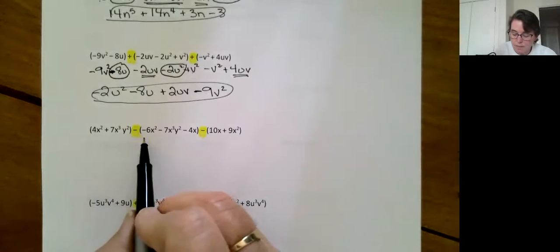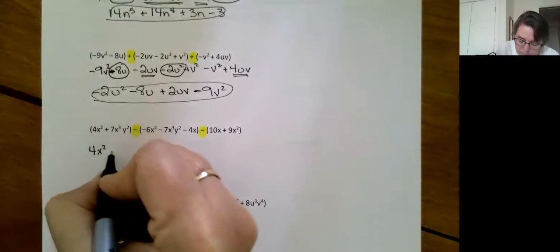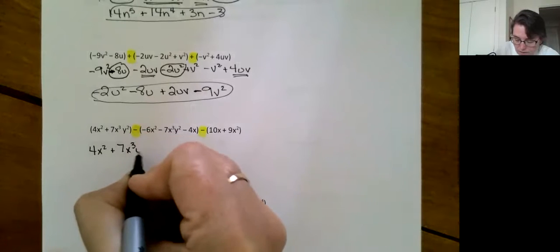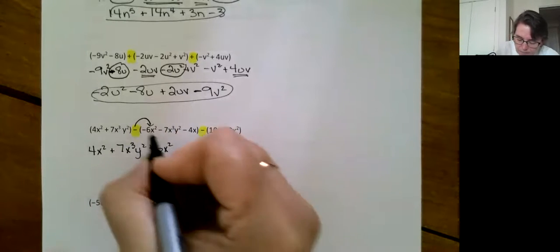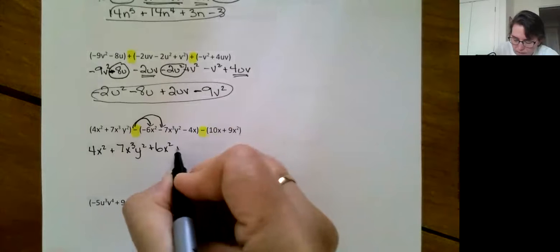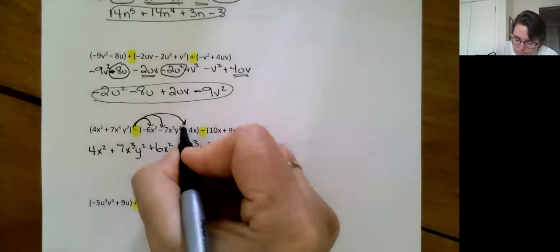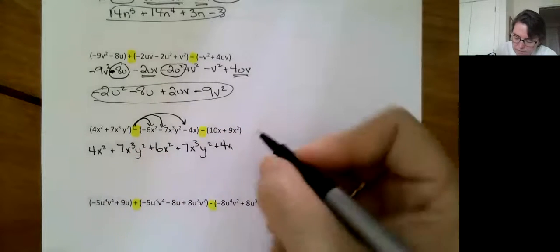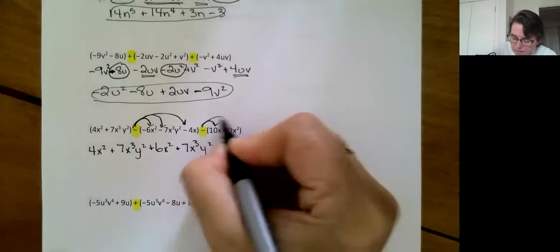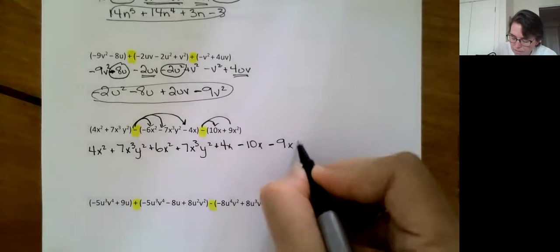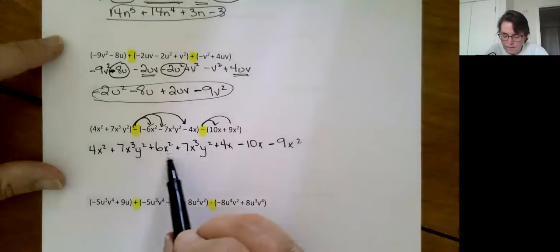This one, woo, look at it all. 2 negatives there. 4x squared plus 7x cubed y squared, distribute plus 6x squared, distribute plus 7x cubed y squared, distribute plus 4x, distributing some more minus 10x minus 9x squared. X squared, 3, 4. Change my signs.